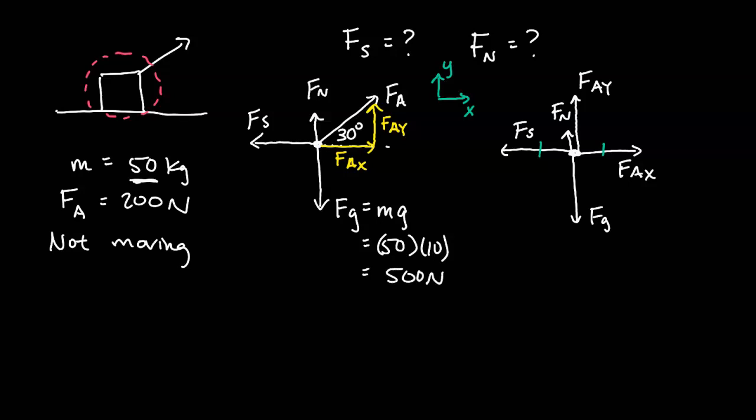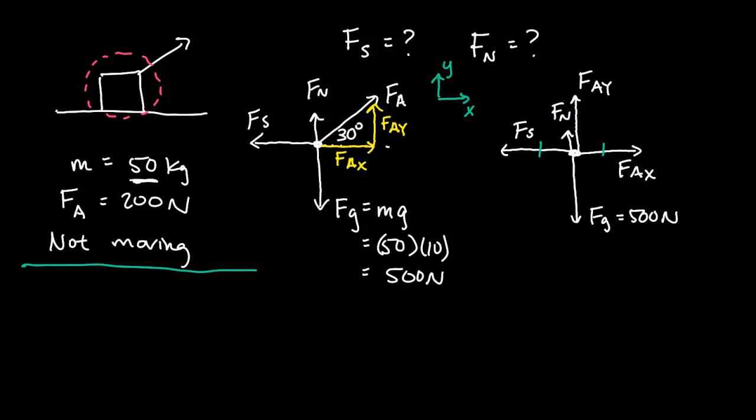So we know that the Fg is 500 newtons. We also need to figure out what Fay and Fax are, using a little bit of trig.